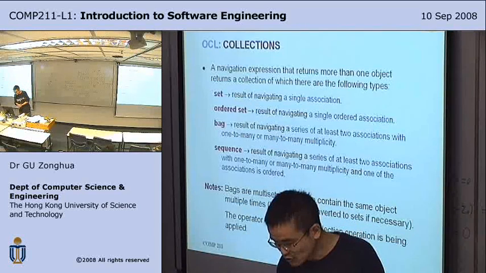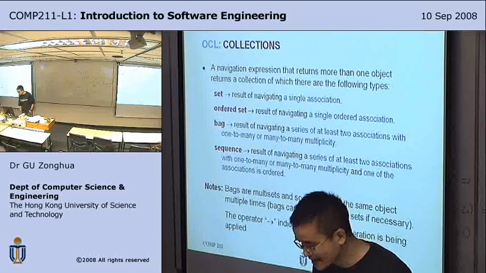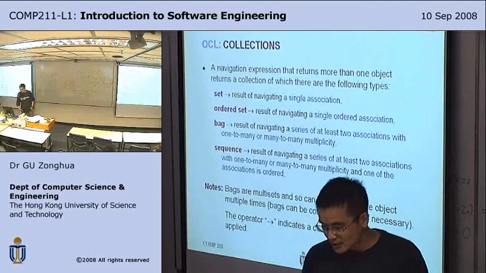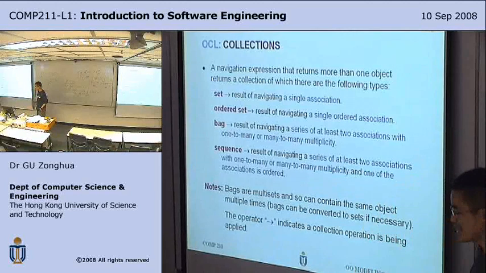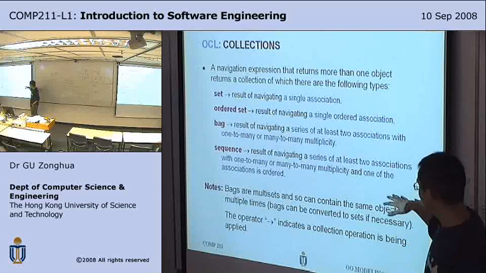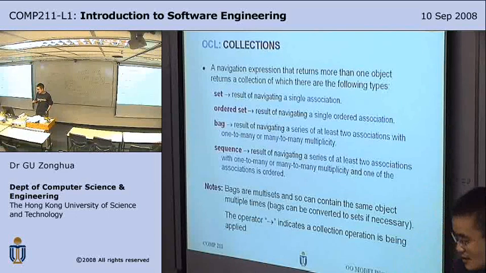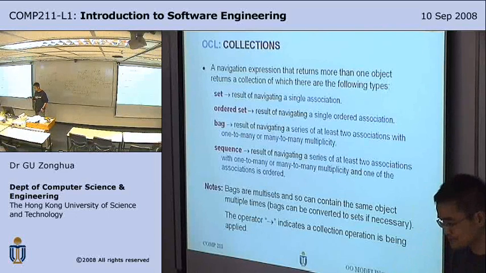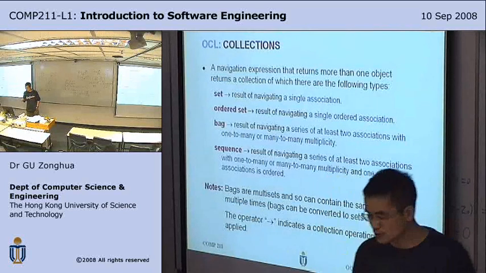A sequence is the result of navigating a series of at least two associations with one to many or many to many multiplicity. That part is the same as the bag, and one of the associations is ordered. Therefore, the resulting list of items has an ordered relationship.